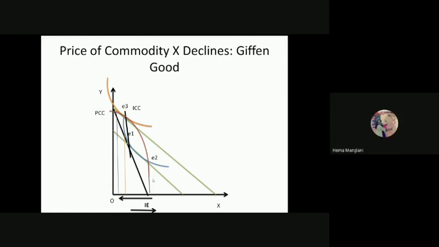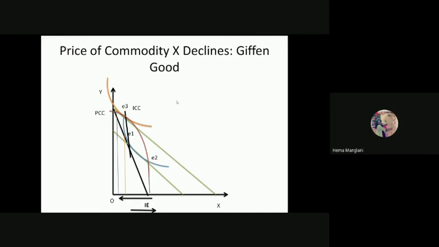Now do one thing, because some of you still have doubts on inferior goods. So read more on inferior goods today, and then we'll continue with the Slutsky. Also, one more thing I would like to tell you. We have seen the cases of inferior good and Giffen good for the commodity X price declining. Both ways the commodity price is declining.